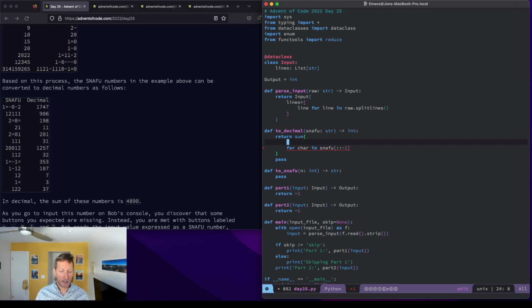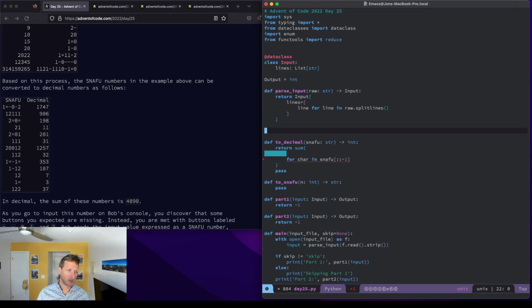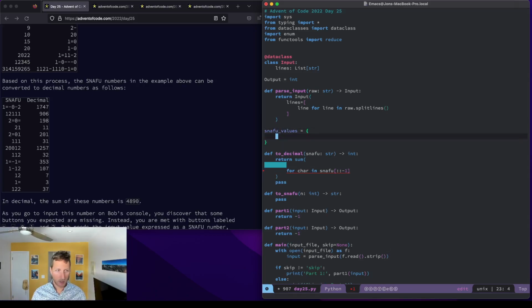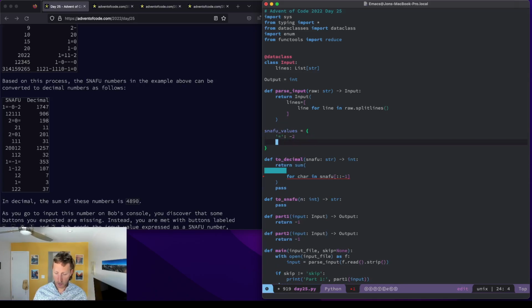And then we need a mapping, right? Equals is -2, minus is... hold on, I just thought of something. Why convert to decimal and back?